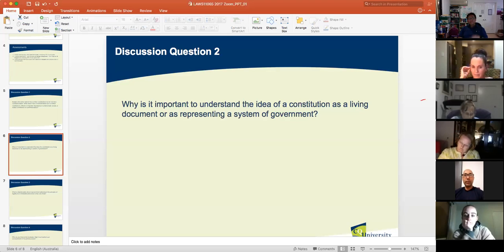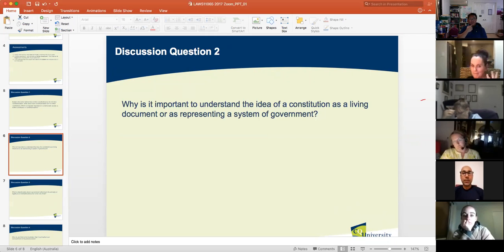The same with representing a system of government, using that philosophical sense of constitutionalism, they still need to respect that living document as well. So while it needs to grow with the people, the government still needs to respect the essence of it and not change it without absolute due cause.